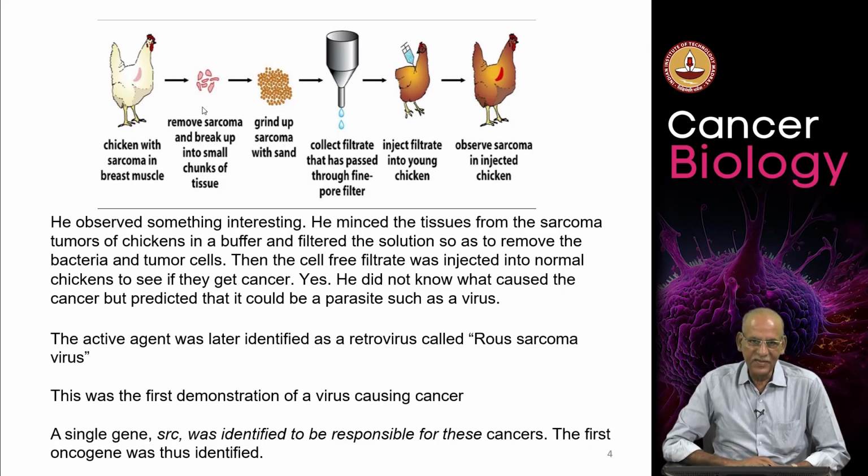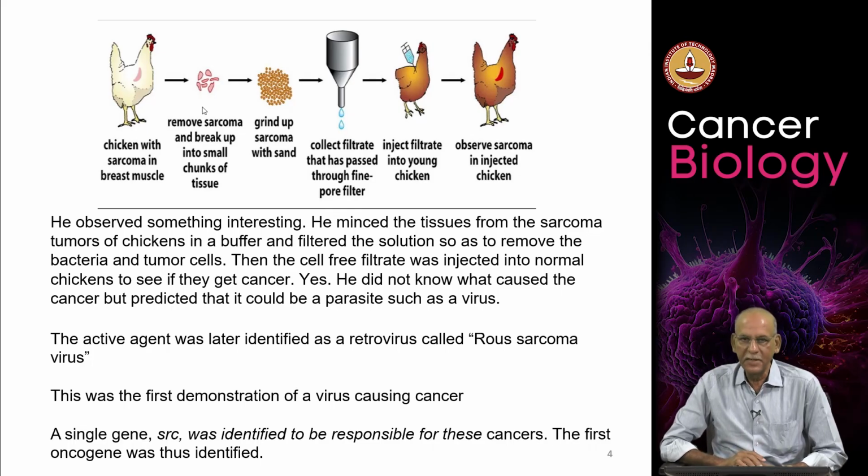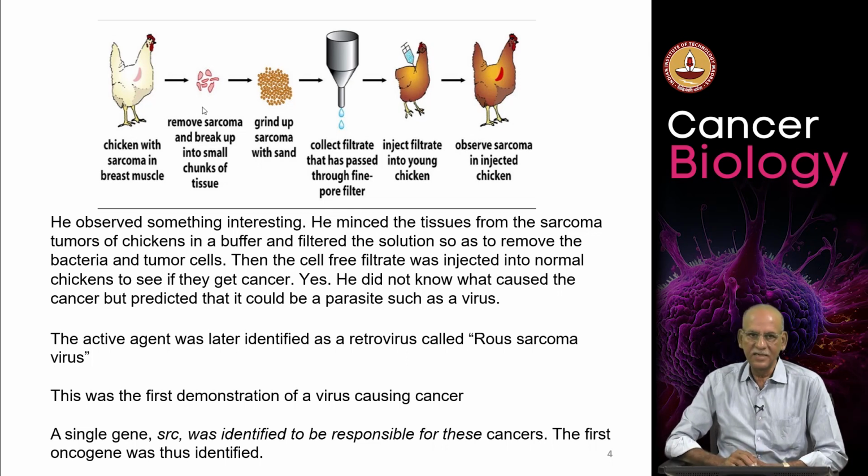No, this is not the case. But in this case, it is because of the viral component in that particular cancer that he was able to do that. He did not know that, but as we know now, we understand that. But normally cancer is not infectious, as I told you.